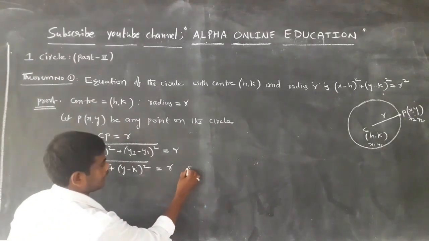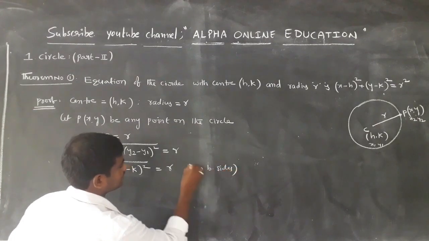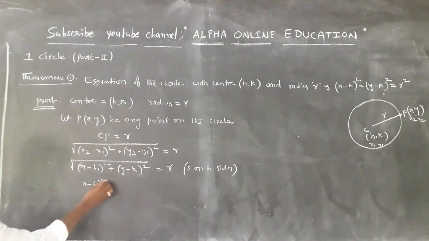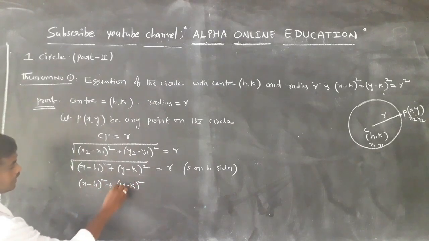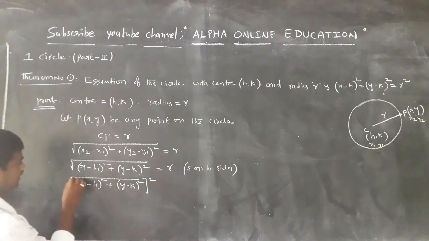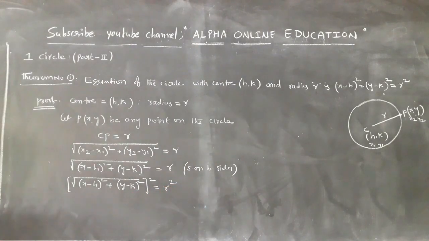Here squaring on both sides. Under root of x minus h whole square plus y minus k whole square, whole square, is equal to r square.